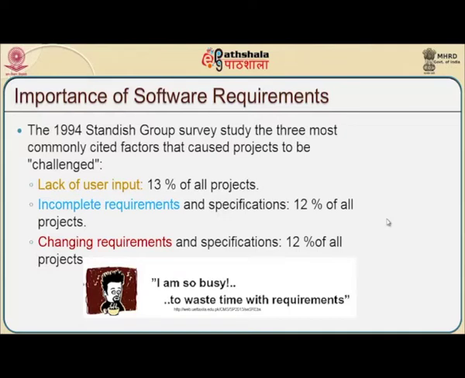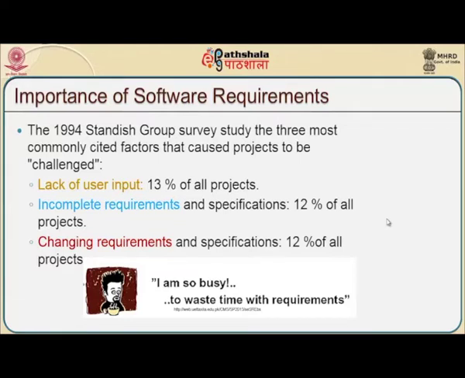So, the customer would give a large perspective of what is to be developed, and with interim development, this can happen. Whereas in the waterfall model, a traditional development life cycle model, changing requirements may not be largely accommodated. So, changing requirements and specifications also account for 12% of all projects being challenged.